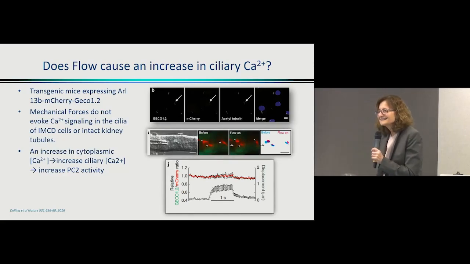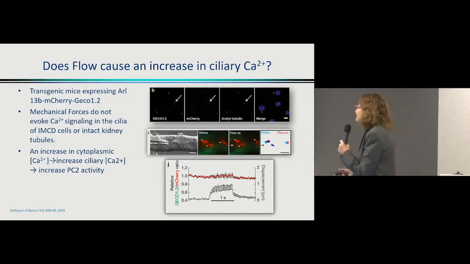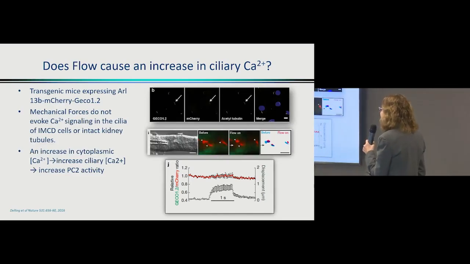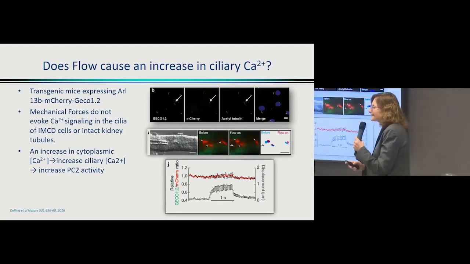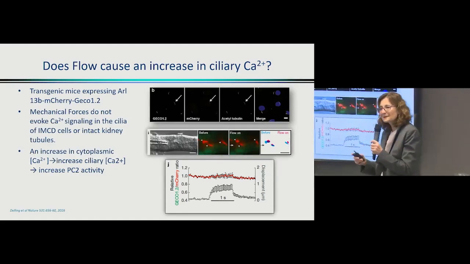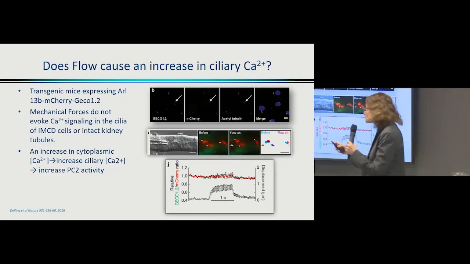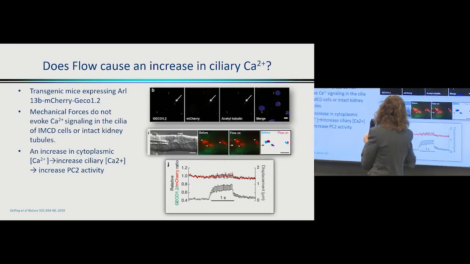So again, this is just a real technology feat to encode calcium indicators into the cilium so you can directly look at this. And I'm not going to get too much into the weeds, but I do find it kind of cool that they took this tube from a mouse kidney, the actual tube, and you can see it here, and there's the little pipette.